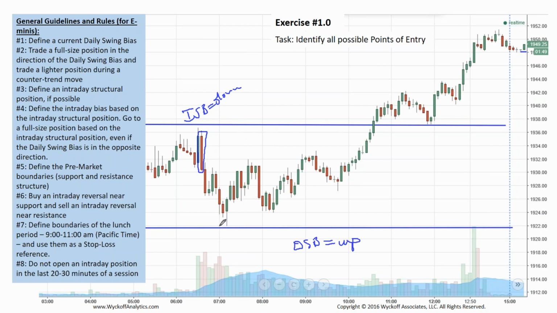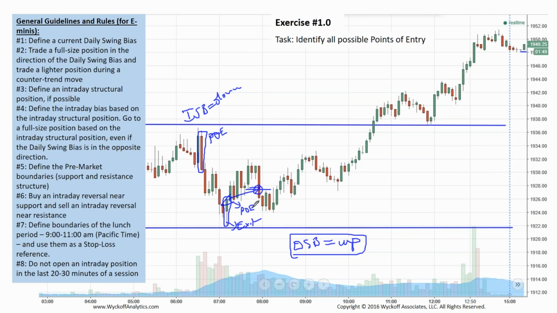Here is my entry. Here is my exit. Here is my entry. Let's say exit near the support. And then where is my next exit? It's going to be somewhere here on this bar. So here is my next trade. Then I'm not trading to the downside, because after the first structural buys I no longer have it.